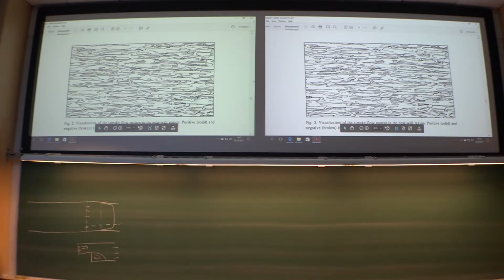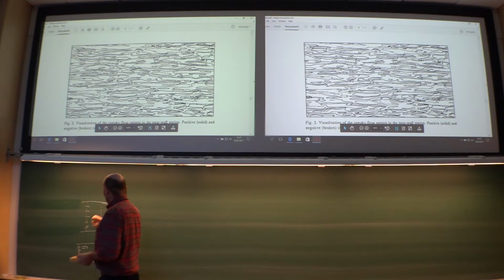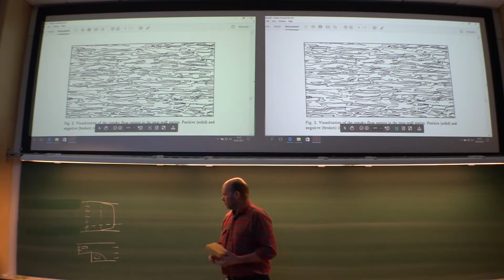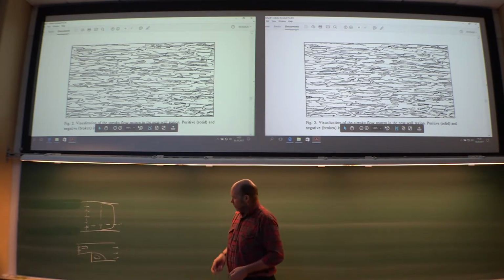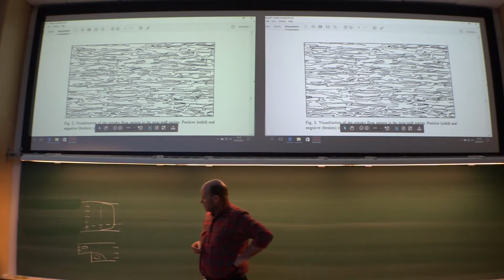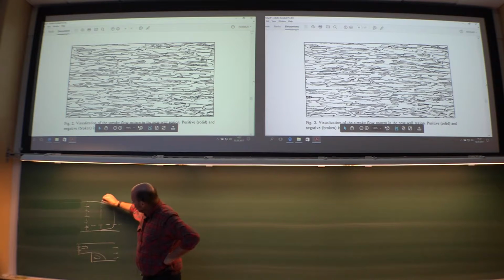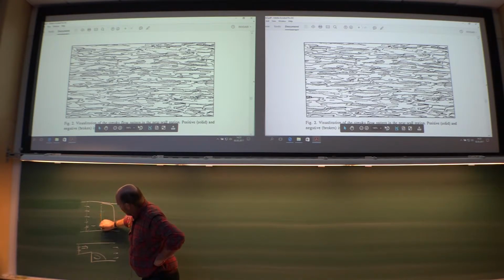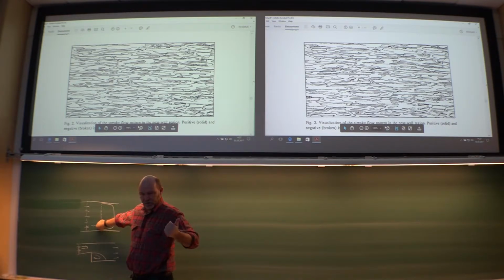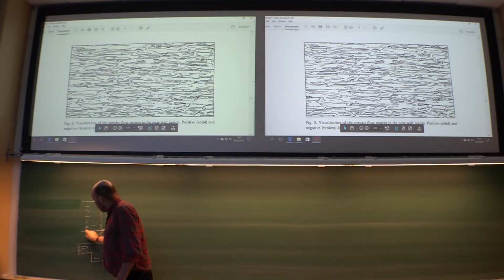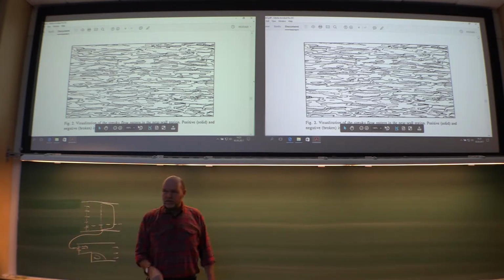So what do you do? You can do the following. You take just a simple simulation, flow between two parallel plates, and let this simulation run by itself. And then on a cross section here, you pick velocities and pressure, and then you use those for this simulation as an inlet.